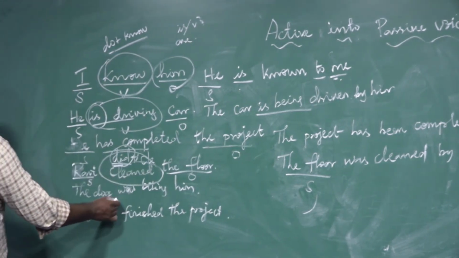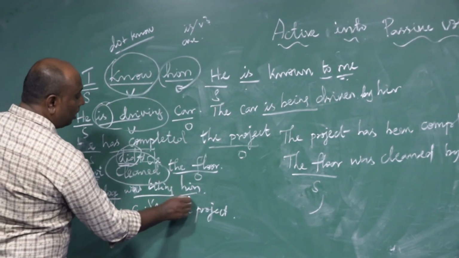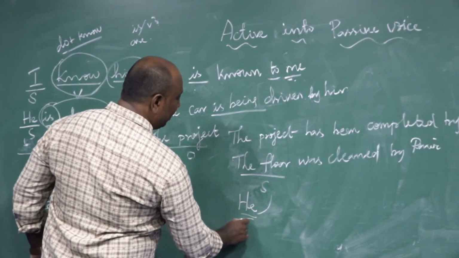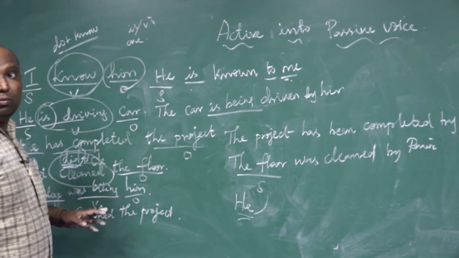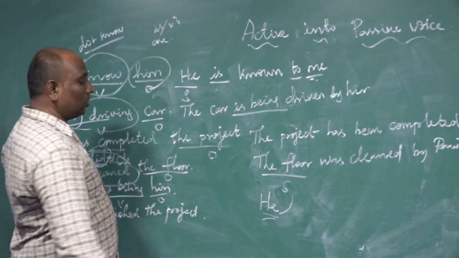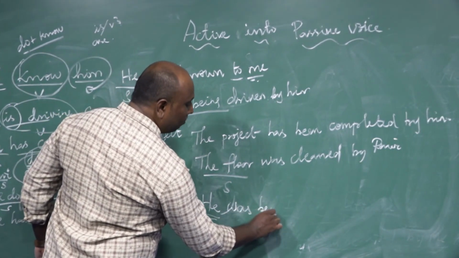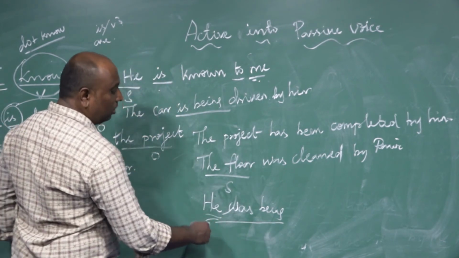The dog, the subject, was biting, the verb, and him. So the object him will change to he, and was plus verb plus ing shows past continuous. For passive we require was being or were being. So here we are going with was being because the subject is singular.